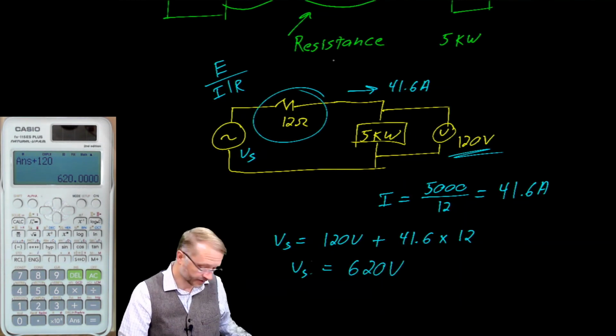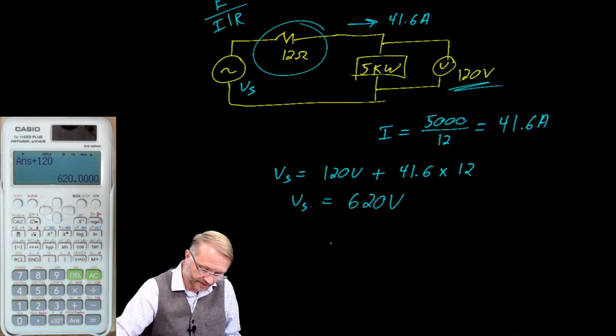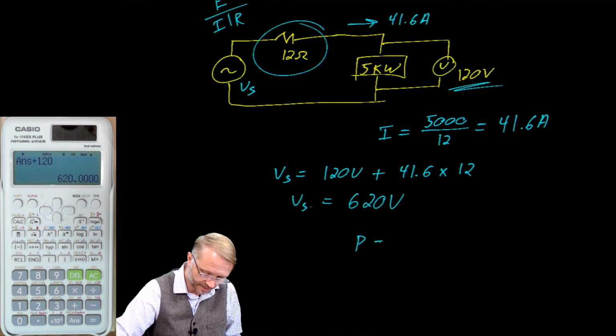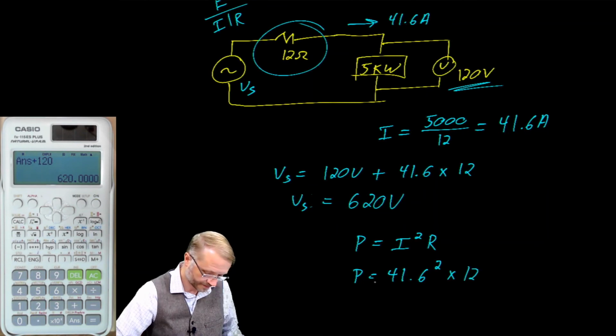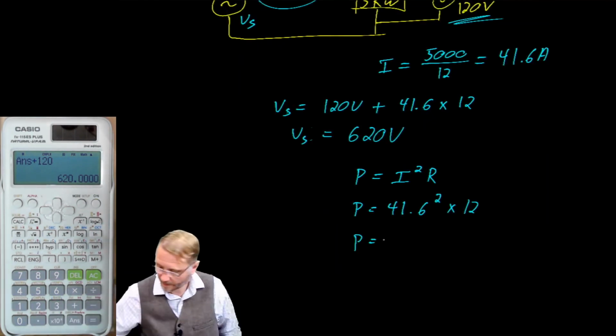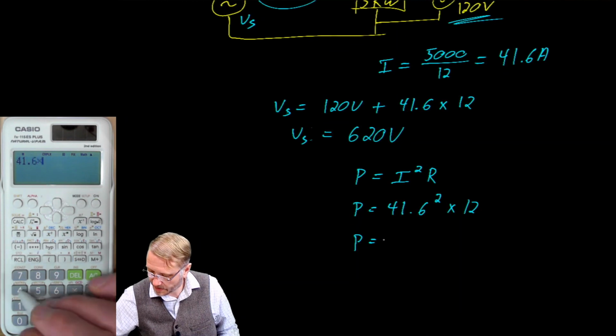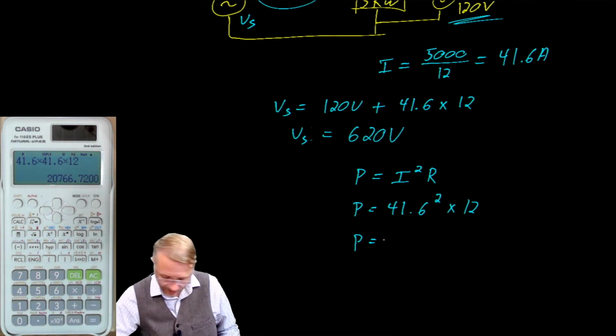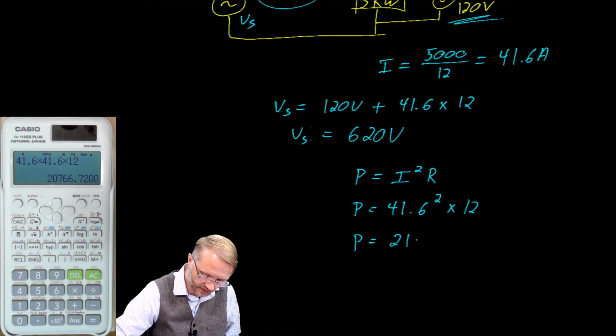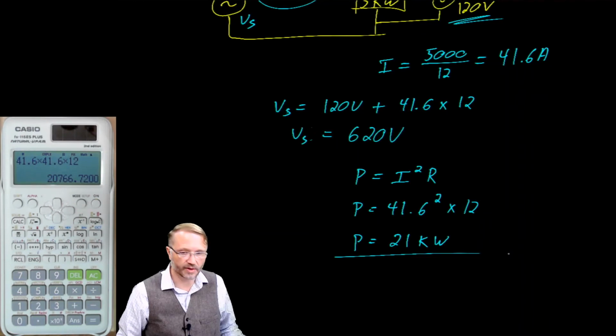Okay, well that's not good. That's rather inconvenient. But let's see what happens to the power loss. So power is equal to I squared R. So power is equal to 41.6 squared by 12. So what is that? 41.6 times 41.6 times 12. So now we see our power loss is about 21 kW, which is an extraordinary statement when you think about it.